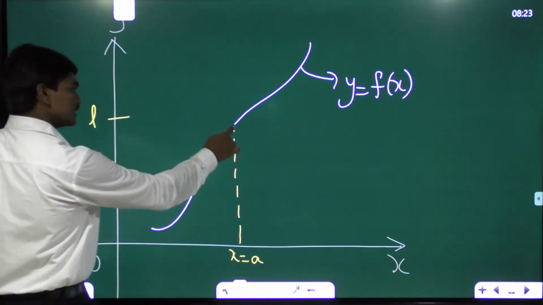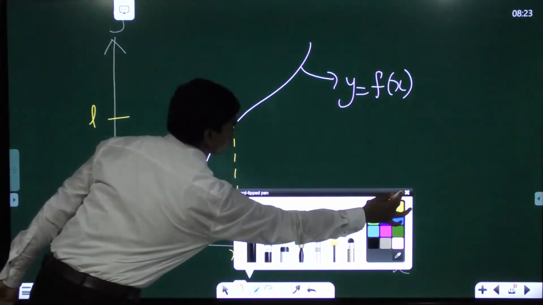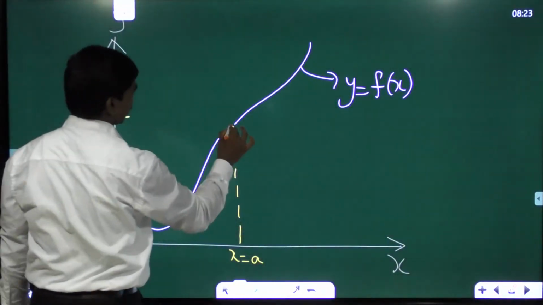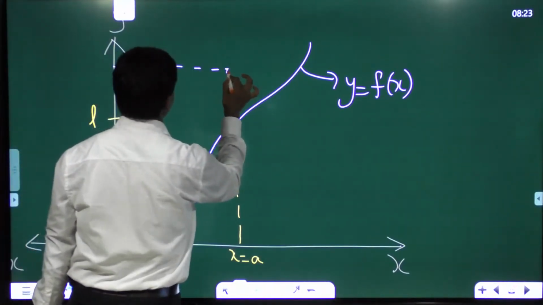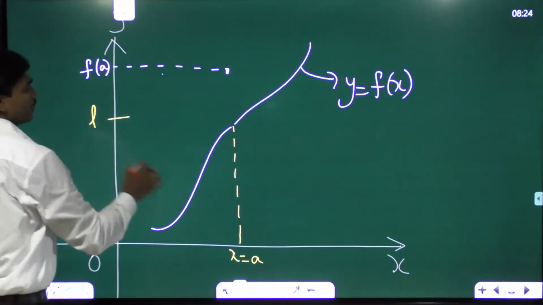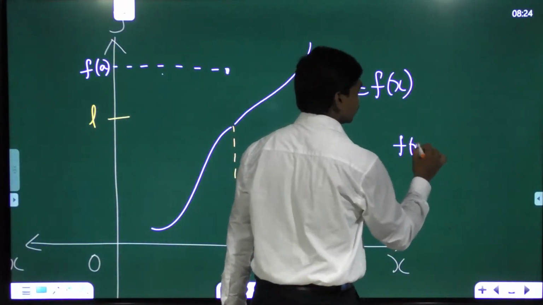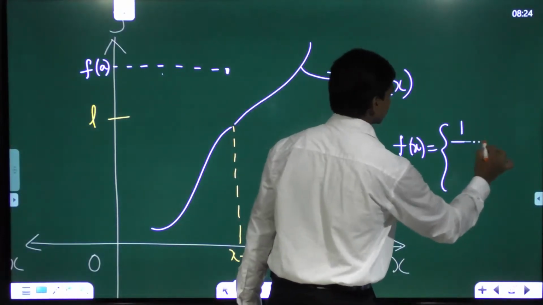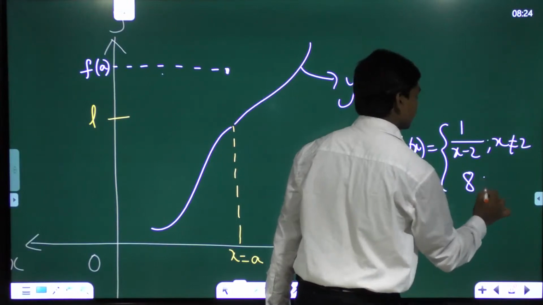In a similar fashion, this function has a break, but this f of a, let us suppose it is defined somewhere here, and this value is f of a. Okay, generally you see functions like this, right? f of x is equal to 1 by x minus 2 when x not equal to 2, and something like 8 when x is equal to 2.